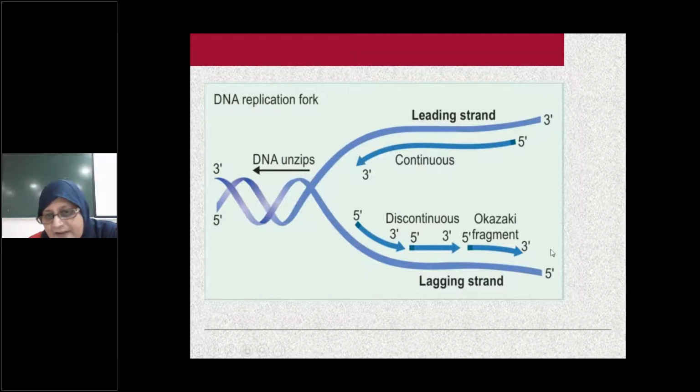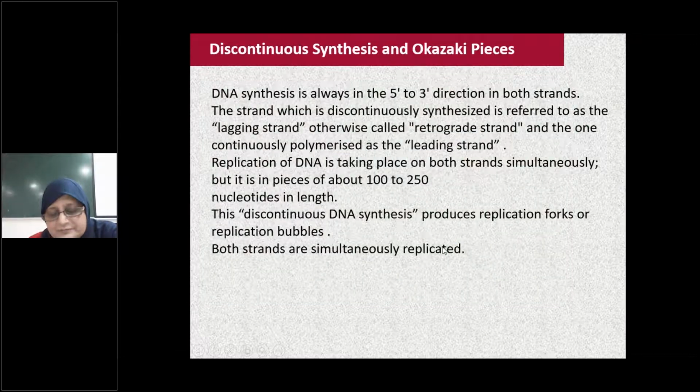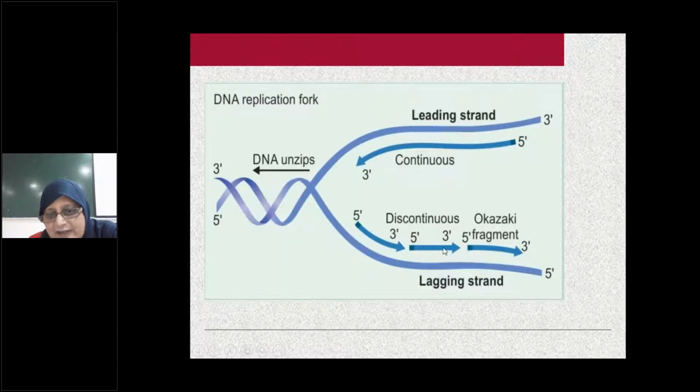First, the unwinding has taken place here. So this is the primer. After the RNA primer is formed, synthesis has taken place up to the replication fork. Then again, synthesis will start with a new RNA primer, and the DNA strand will continue till it encounters this RNA primer.